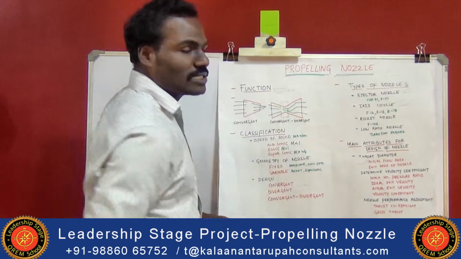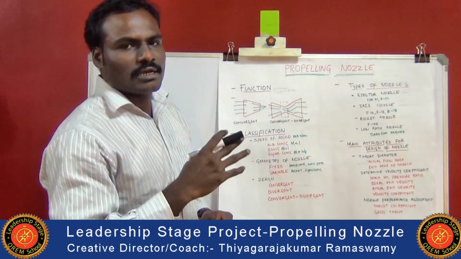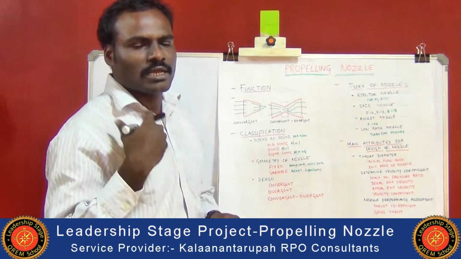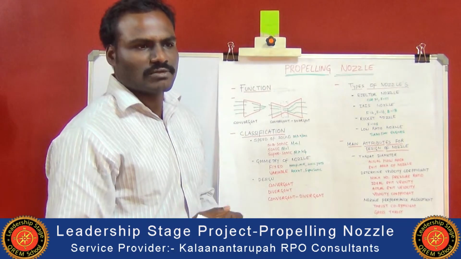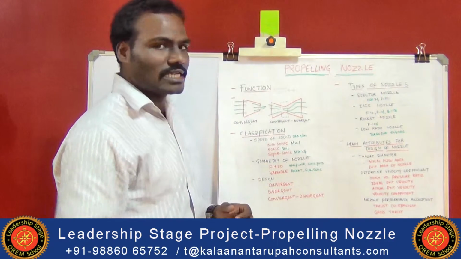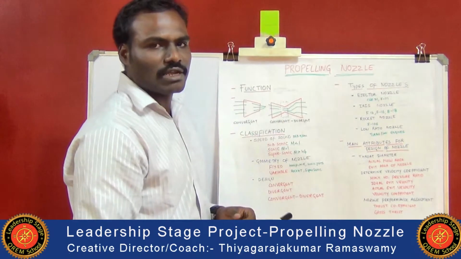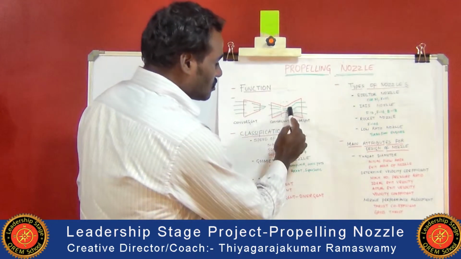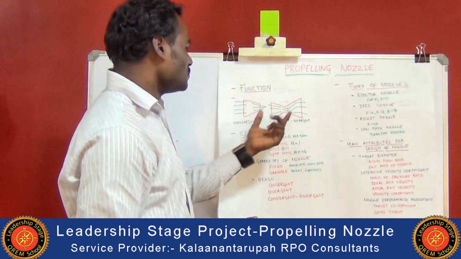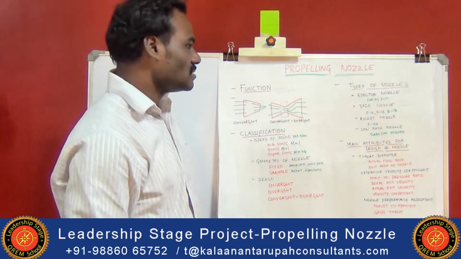When they go from a lesser velocity to a higher velocity, it follows Newton's third law of motion, with equal action and opposite reaction, at the higher speed. At the divergent area the expansion process is carried out, so the exhaust gases come out at a higher speed. These kinds of convergent-divergent nozzles are usually used in rocket engines.